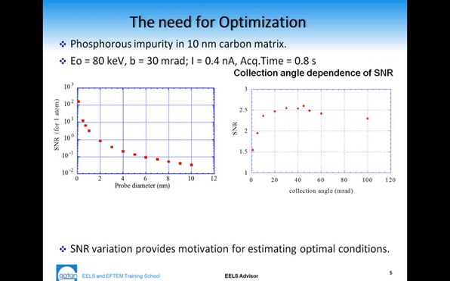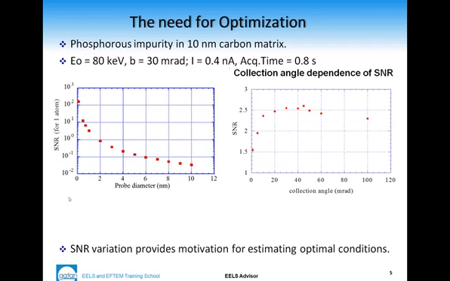And this is illustrated here in this example, which shows a phosphorus impurity embedded in a 10 nanometer carbon matrix. In this case, the primary energy is 80 keV. The collection angle is 30 milliradians. We have 0.4 nanoamps of current and an acquisition time of 0.8 seconds.